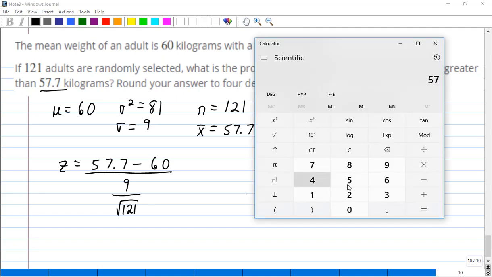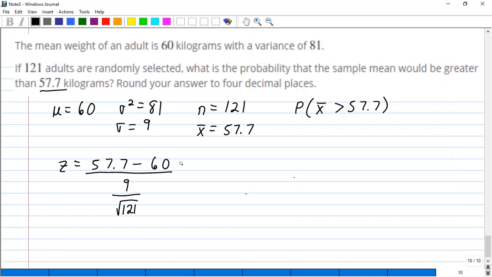All right, so 57.7 minus 60. Then I'm going to say that times, I know what the square root of 121 is. That's 11, right? So times 11, and then divide that by 9. All right, so if I round this to two places, this z-score is negative 2.81.